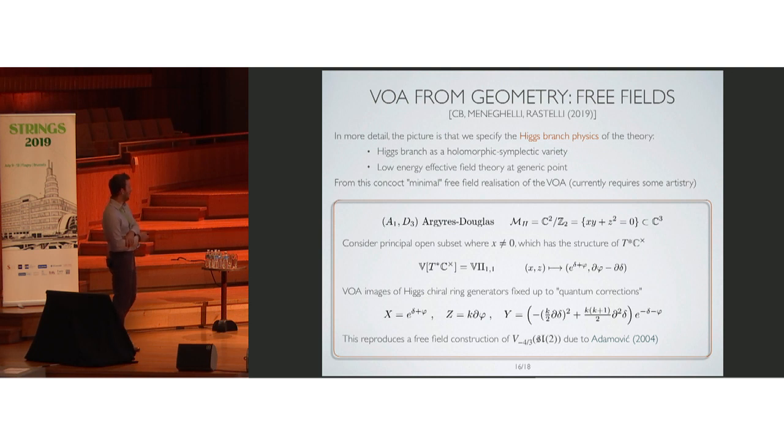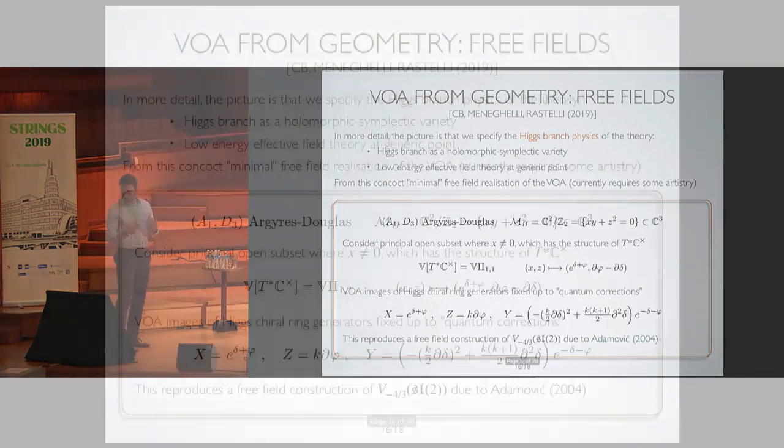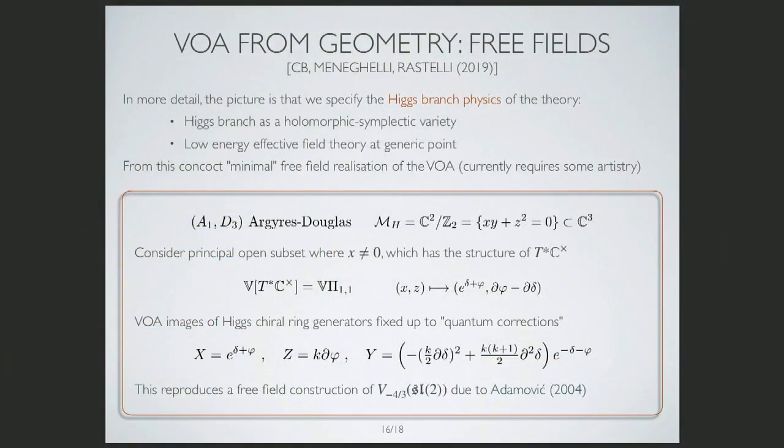And then we associate this (1,1) signature lattice VOA with the cotangent bundle of C^*. This is, in some sense, you should think of it as an affinization of T^*C^*. And then using this finite dimensional geometric analog, you can promote the coordinates x and z that parameterize T^*C^* to an exponentiated chiral boson.